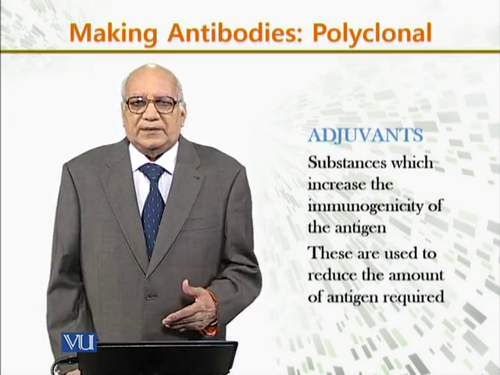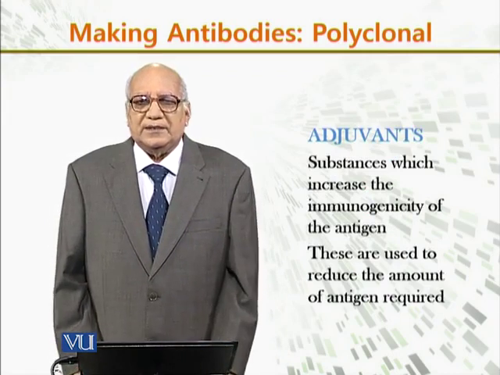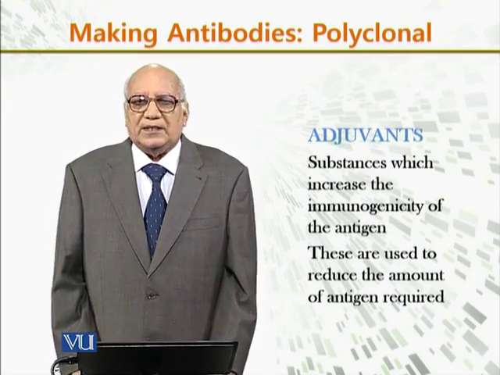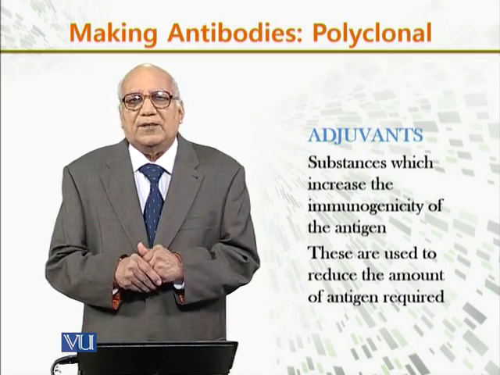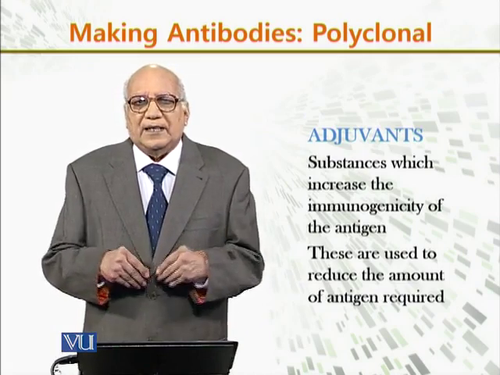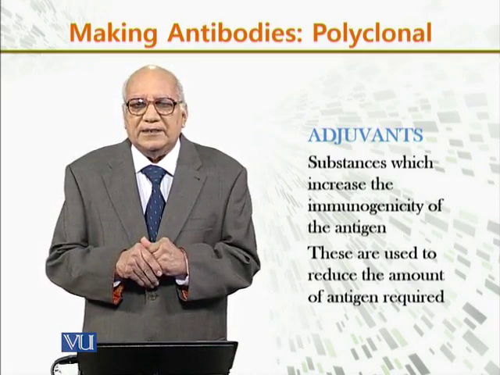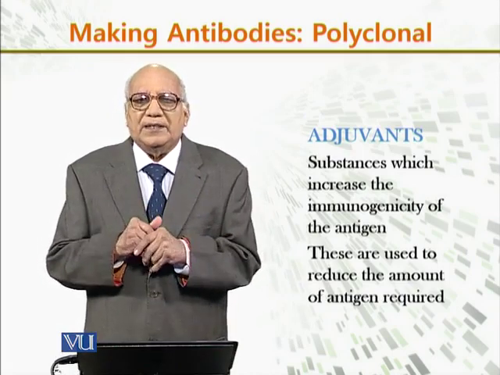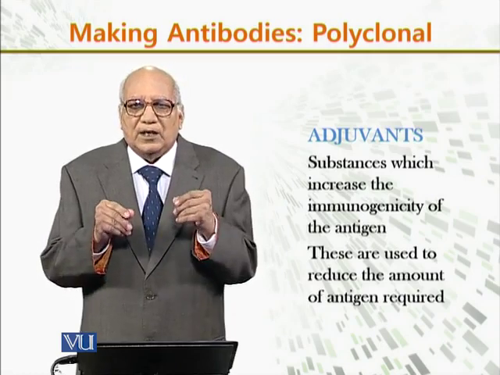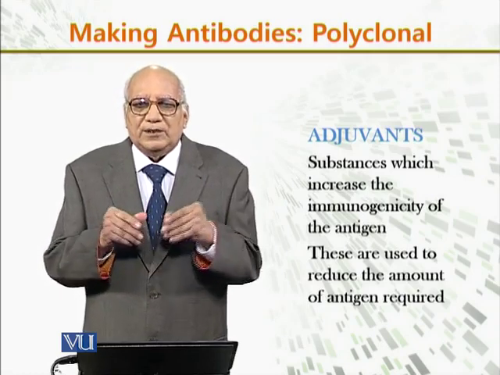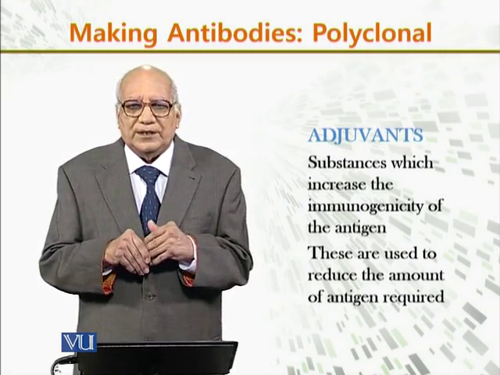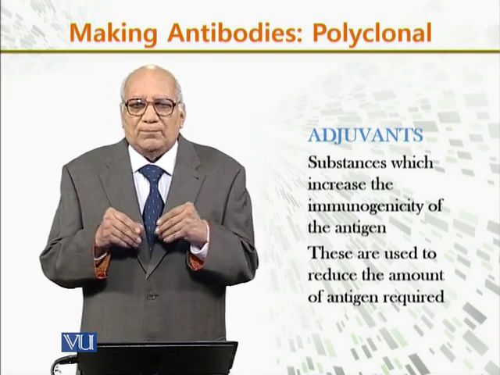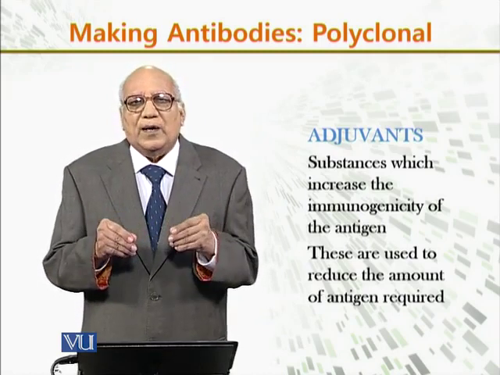Now, adjuvants are substances which increase the immunogenicity of the antigen. The immunogenicity of the antigen is increased by chemicals which are known as adjuvants, and adjuvants are used to reduce the amount of antigen required.